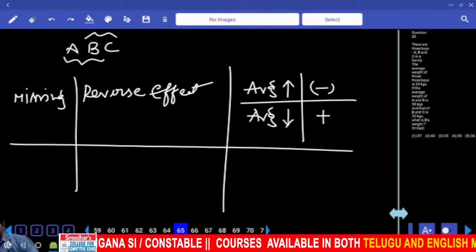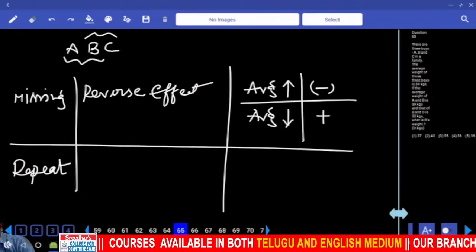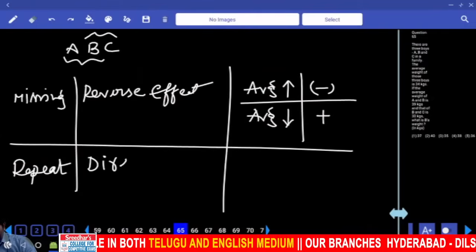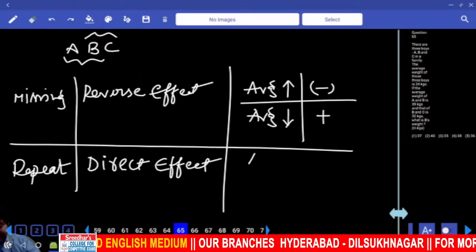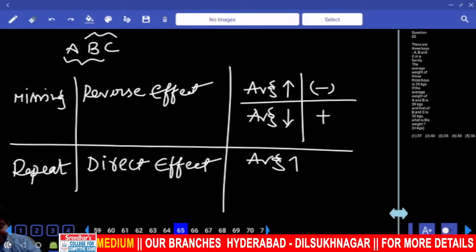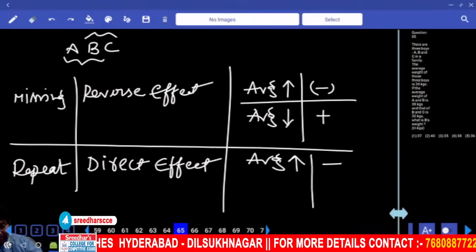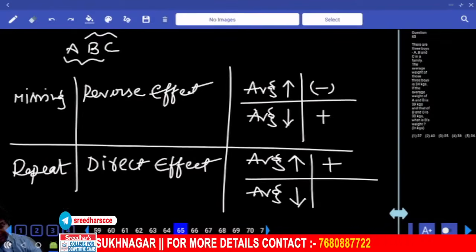Now it is number repeat case. If it is number repeat case, we use direct effect. Direct effect meaning if average is more, add. If average is less, subtract.